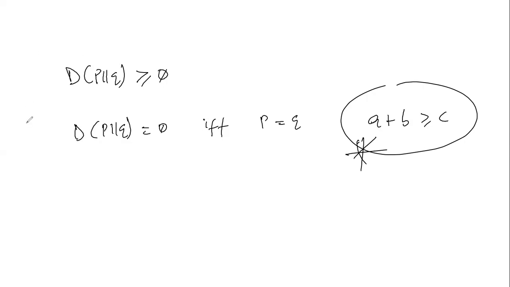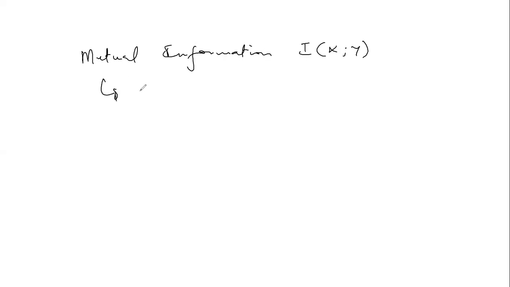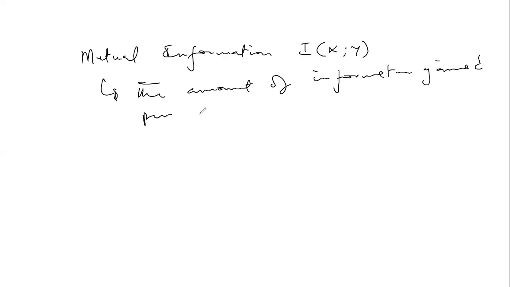But it's just a measure of that inefficiency. Okay. Now, if this is clear, then we can talk about the important point we started our class with, which is mutual information, described as I of X, Y. Here, this is the amount of information gained per received symbol.